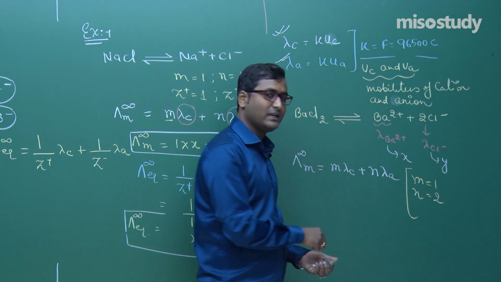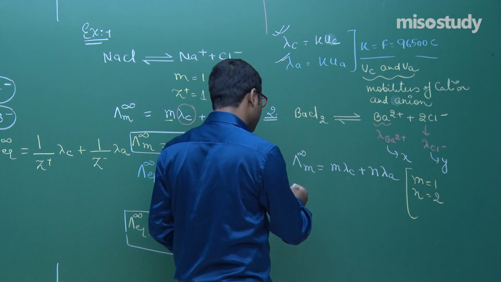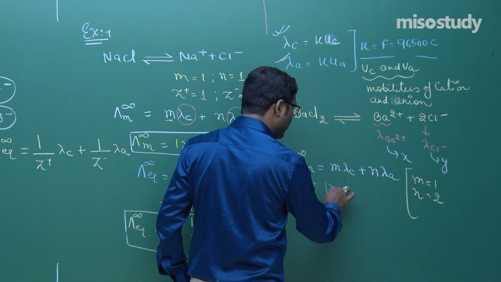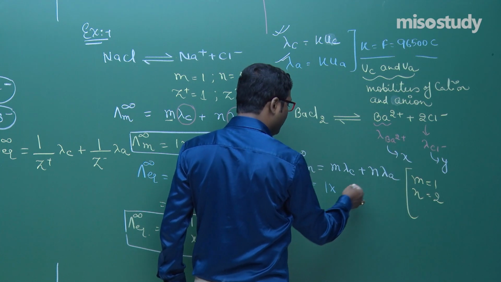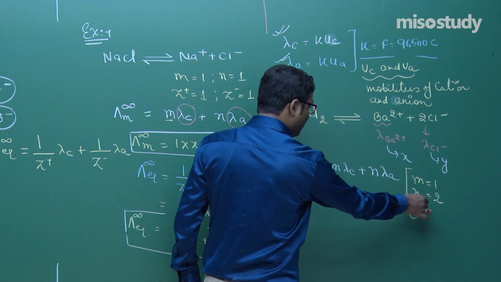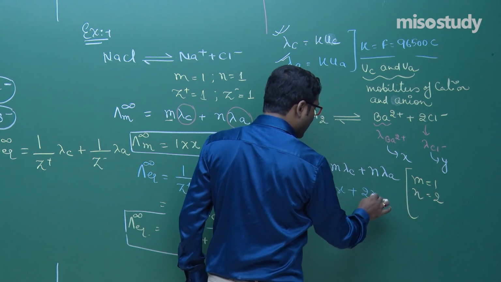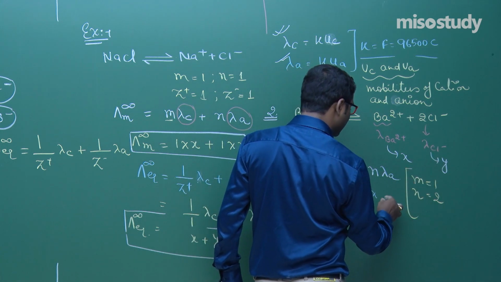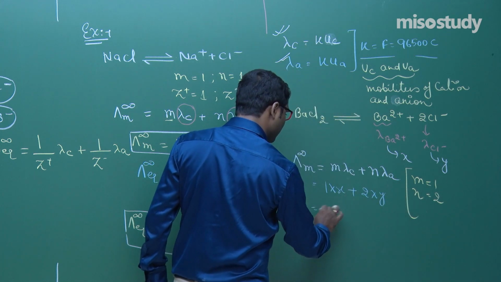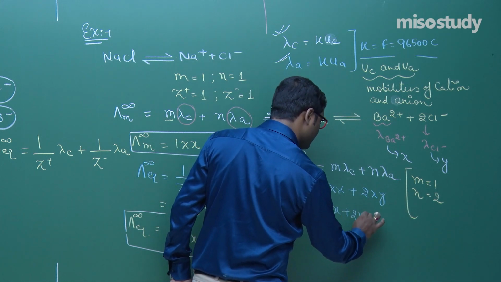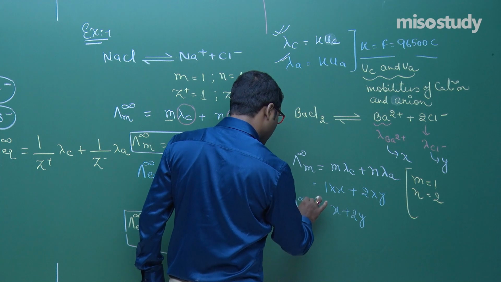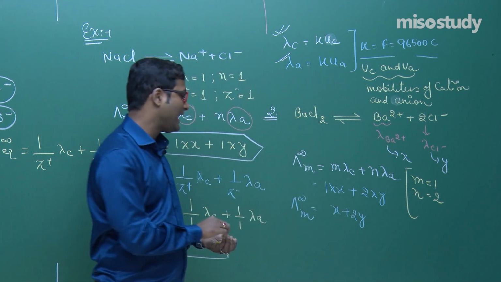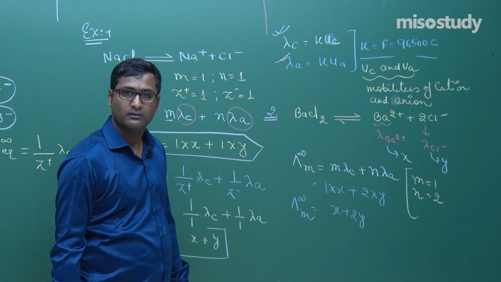Am I right? That is 2Cl minus. Now put this value. What will happen? 1, what is the ionic conductivity of Ba2 plus? That is X. What is n? 2. What is the ionic conductivity of Cl minus? That is Y. So the answer is X plus 2Y. This is the molar conductivity at infinite dilution.